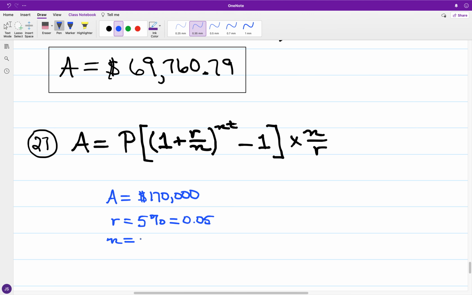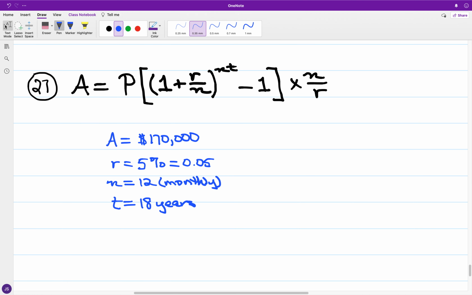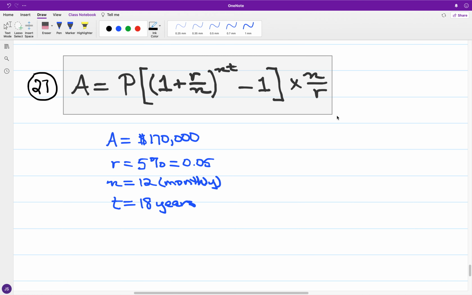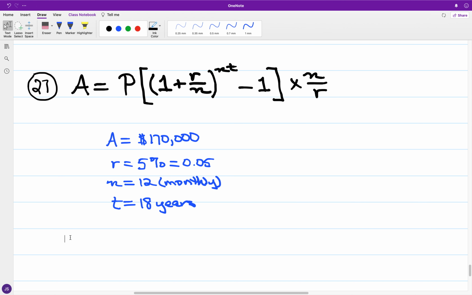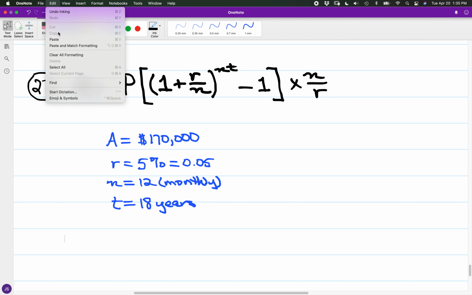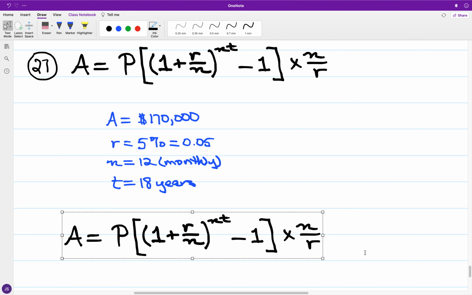For the frequency of payments as well as the compounding of interest, this is going to be done on a monthly basis, so n is equal to 12. And for the time span, we're looking at 18 years. Again, we're looking at solving for P.